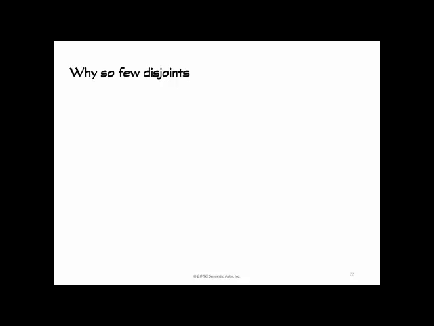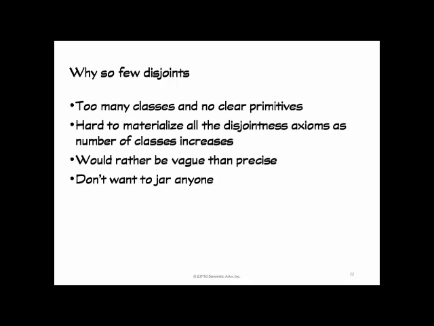So then I scratched my head and asked myself, why are there so few? One reason, looking at some of these ontologies, is that most of them have, in the first place, too many classes. DBpedia has 750 classes. At the top level, I've forgotten now, but 80 or 90 classes that have no parent other than owl:Thing.